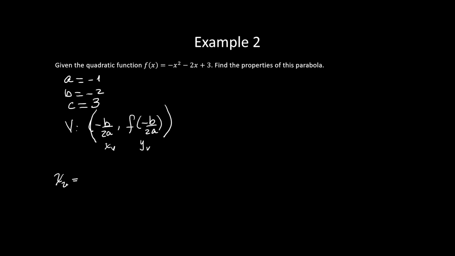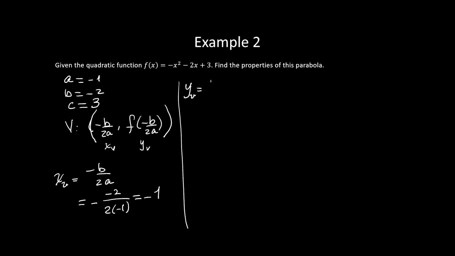X sub v equals negative b over 2a, negative b. b is negative 2, over 2a, 2 times negative 1. We have three negatives, so we're going to have an overall negative. 2 over 2 times 1, or 2 over 2 is 1. So the x is also negative 1. Let's go ahead now and plug in y, basically.